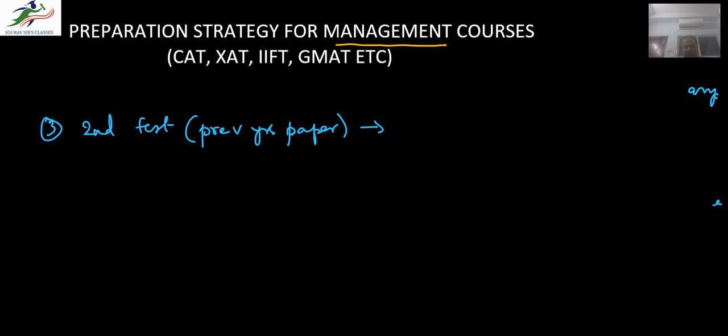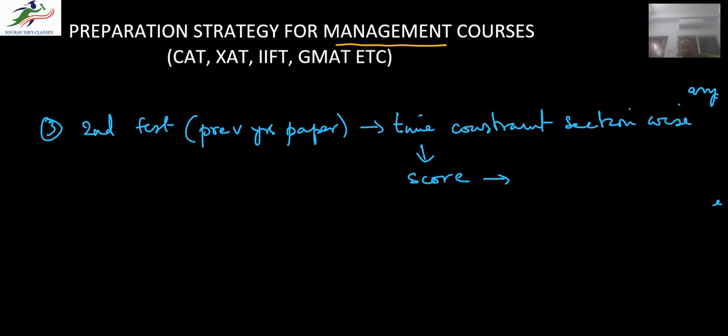This time you don't take unlimited time, you follow the time constraint section wise and see what is your score, and again repeat the same process of analyzing your mistakes.